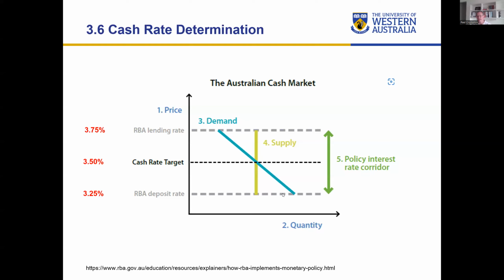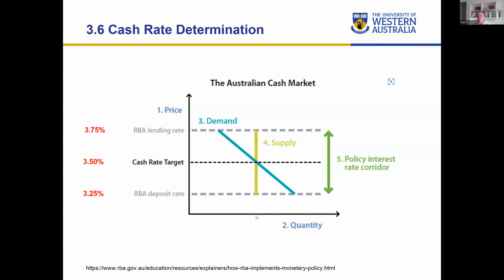Now this is where this diagram is a little bit misleading. I think the Reserve Bank have done it this way in their explainer to try to make it consistent with this sort of theory of loanable funds. What this suggests is that if the supply of money, and just imagine that vertical line being right there at 750 million.